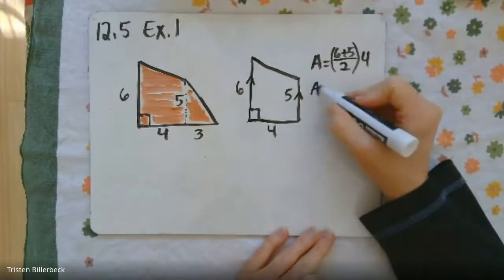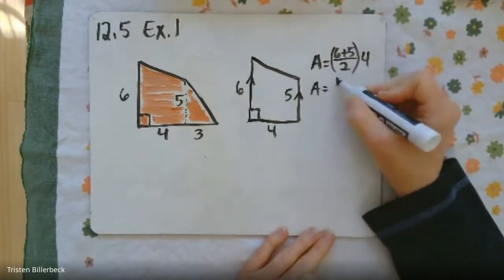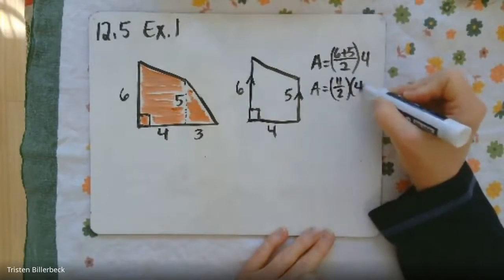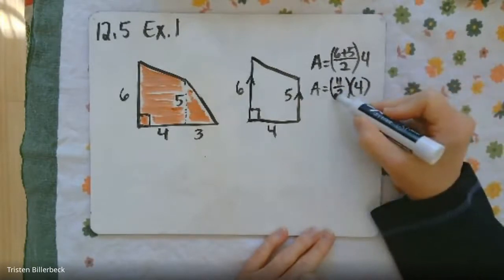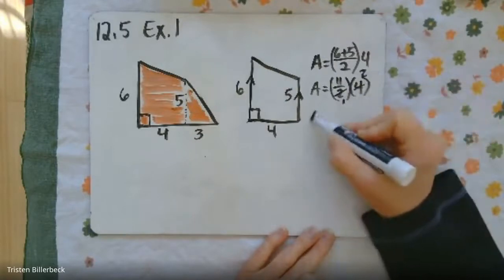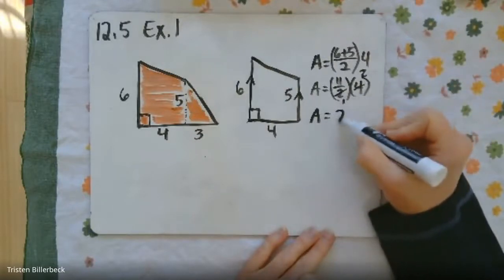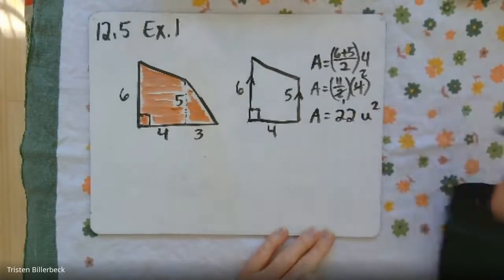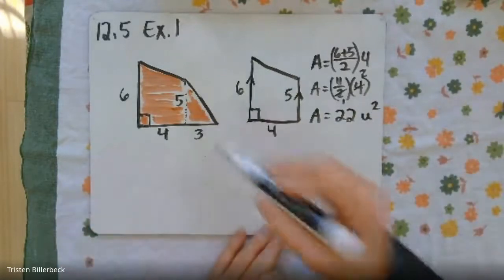So then we have 11/2, and then times 4. Well, we can just take one of those 2's out here. So the area equals 22 units squared. So we have another figure.